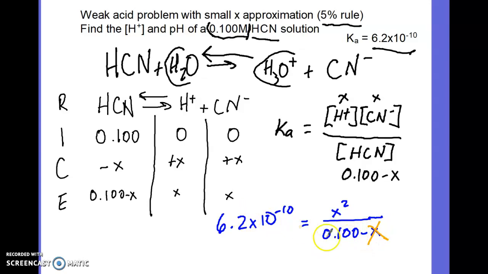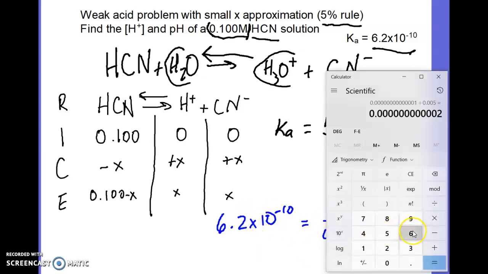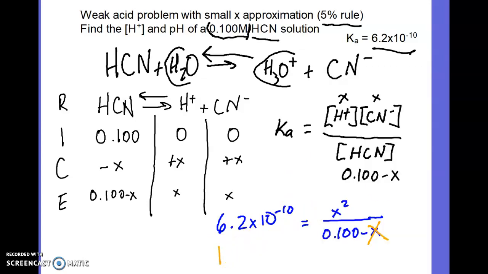And so now I'm just going to cross multiply. So 0.1 times 6.2 times 10 to the negative 10th. I'm going to multiply that by 0.1, so it's just going to move the decimal. So that's just going to be 6.2 times 10 to the negative 11th is equal to x squared.